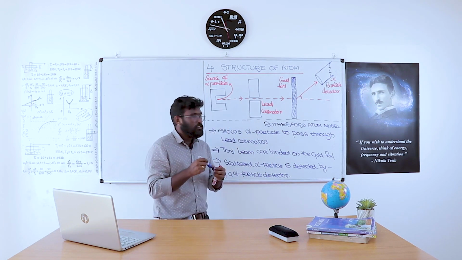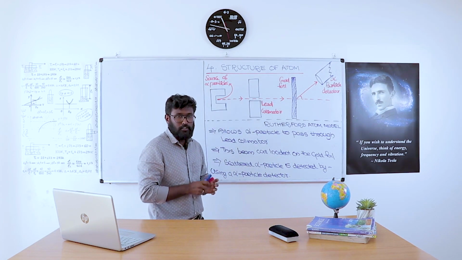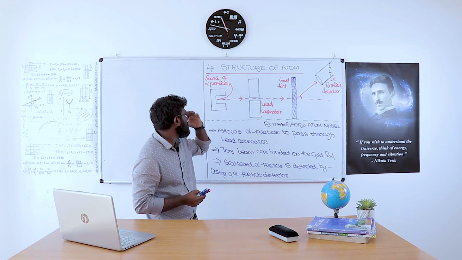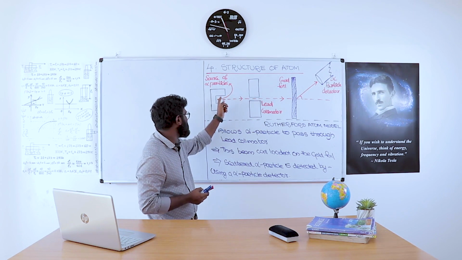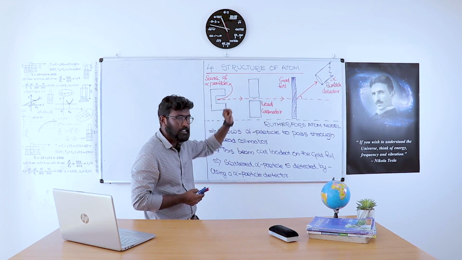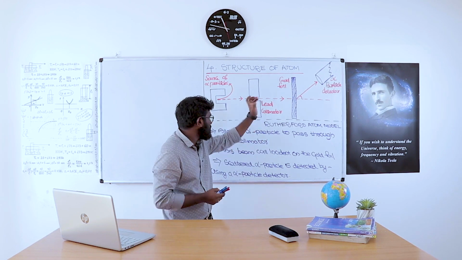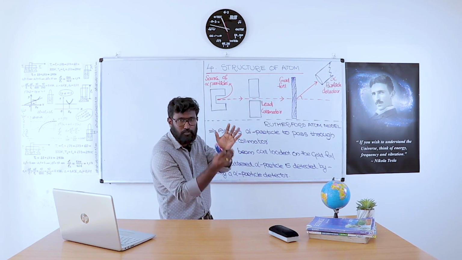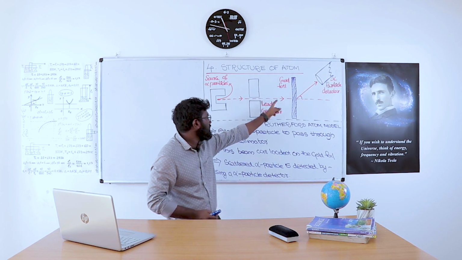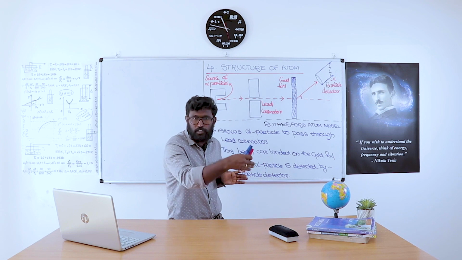So here comes the experiment. First of all, he allows the alpha particles. Where do the alpha particles come from? This is the source of the alpha particles. From the source, alpha particles are emitted and allowed to pass through the lead collimator, which narrows the beam. Finally, that beam is incident on the gold foil of small thickness.